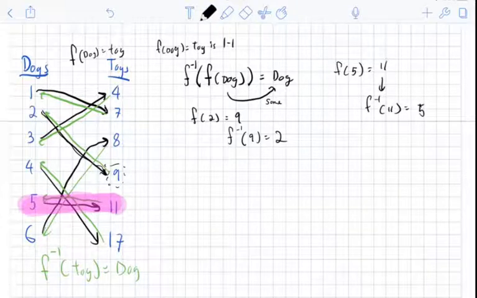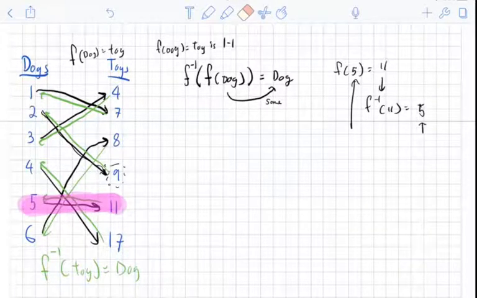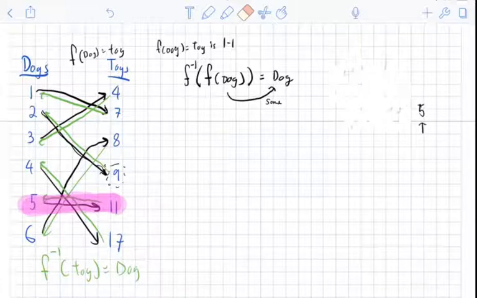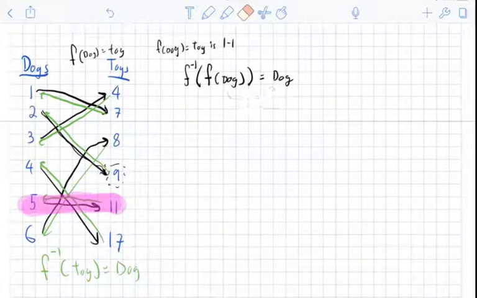So this number and this number are the same. The reason is super simple on our arrow diagram, but this is essentially the principle: for any input I look up, if I then plug that into the inverse function, I get back the same original information.